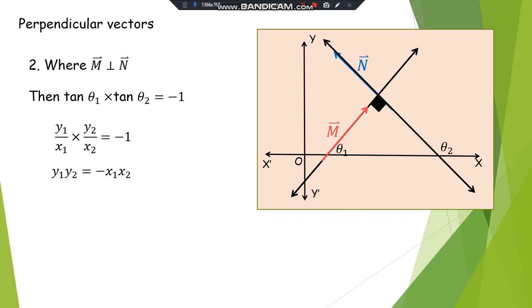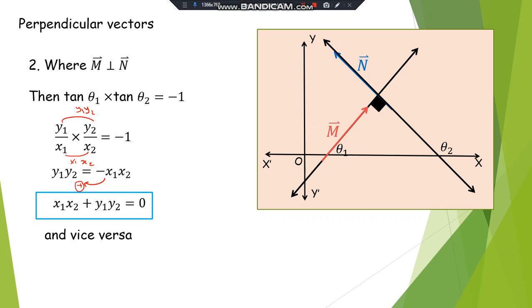We can take negative x1 x2 to the other side with a positive sign, so x1 x2 plus y1 y2 equals 0, and this is the condition of perpendicularity, and vice versa. So if we have x1 x2 plus y1 y2 equals 0, the two vectors m and n are perpendicular vectors.